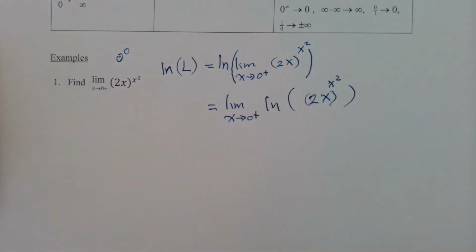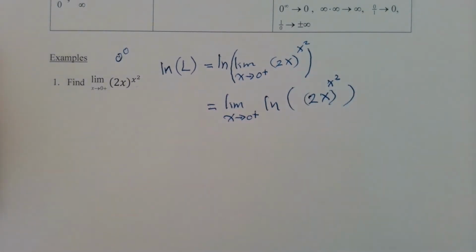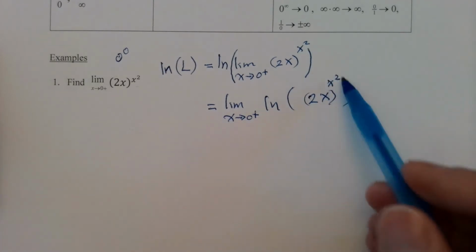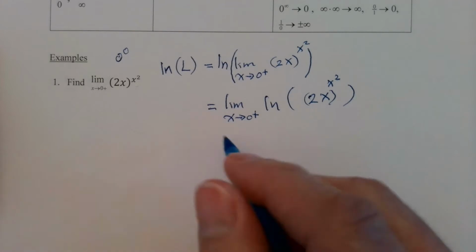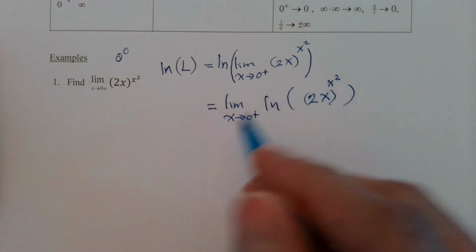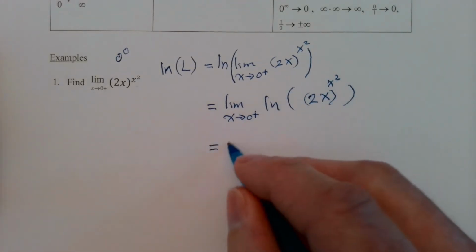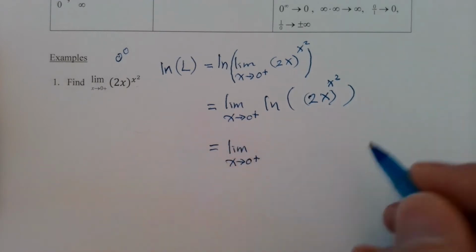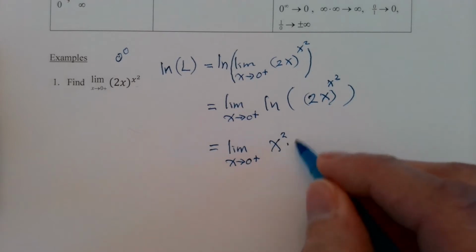We have log properties that tell us when you take the log of a power, you can just take the log of the base and use the exponent as a multiplier of the log. We call that bringing the exponent down. Now it looks like this. Limit as x approaches 0 from the right of x squared times the natural log of 2x.